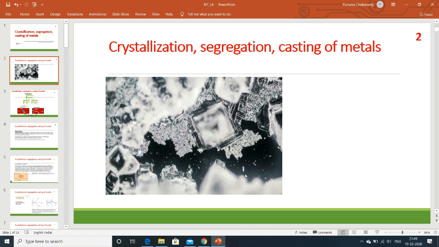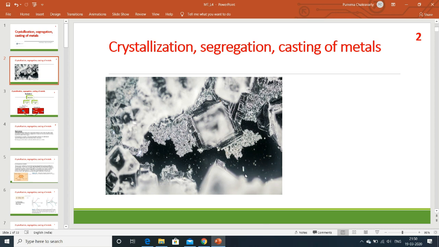We have learned about eutectic, eutectoid, peritectic, the different kinds of reactions. So at this point we are well aware of what phase transitions are and how the different phases form during a phase transition.